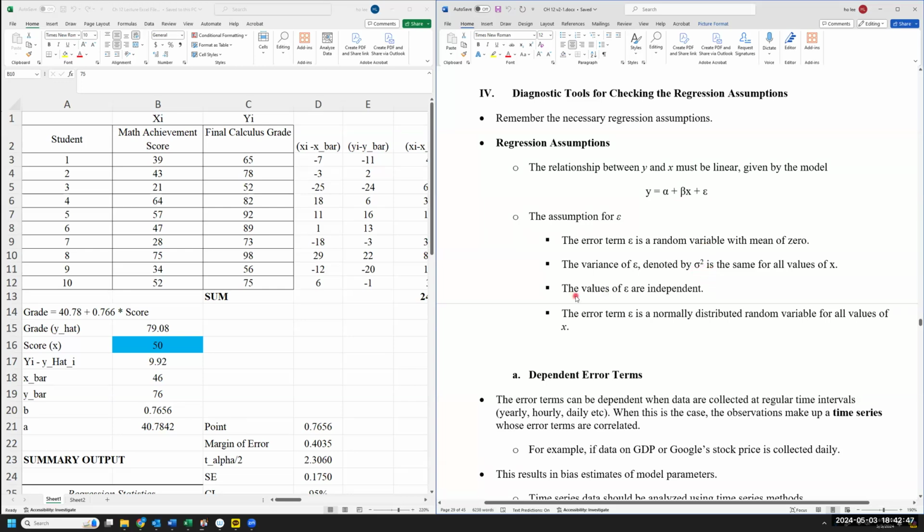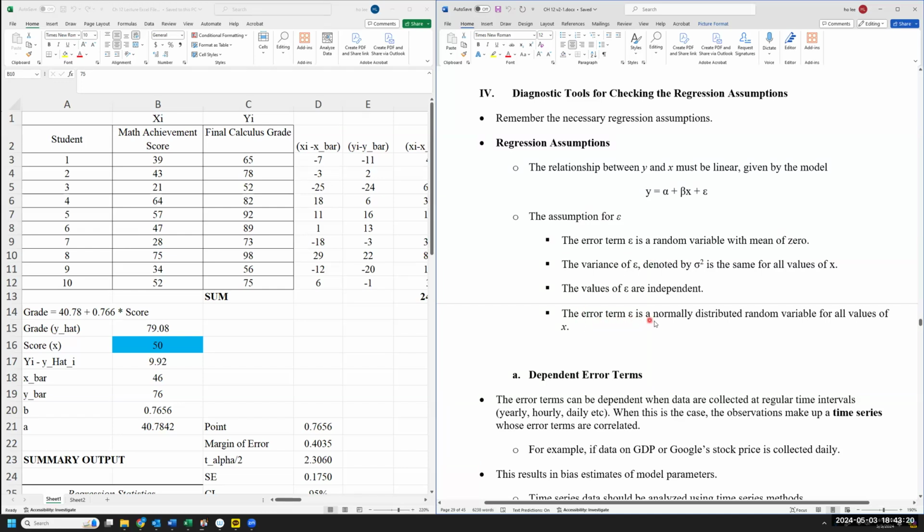Also, the value of epsilon is independent, meaning for student 1, you have an error, it doesn't cause student 2's error to be a certain way. Student 1's error, student 2's error, student 7's error, student 10's error are all independent of each other.